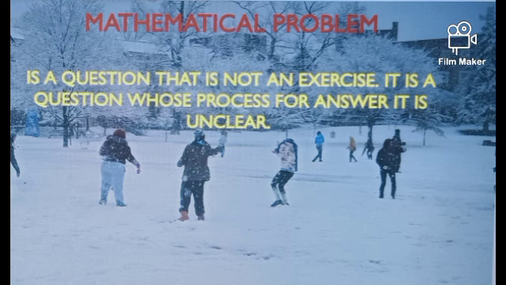Thus, this definition of mathematical problem provides an immediate practical difficulty because, as I said, one person's problem can be another person's exercise.